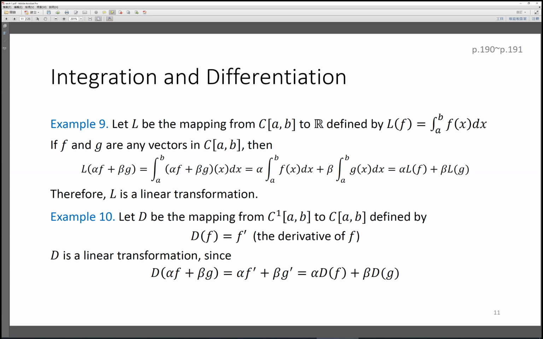We define D of f as f prime, and f prime denotes the derivative of f. The input of D is a differentiable function, while the output of D is a continuous function. The continuous function may or may not be differentiable.